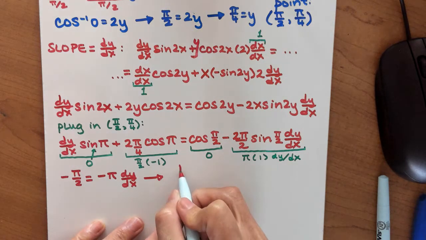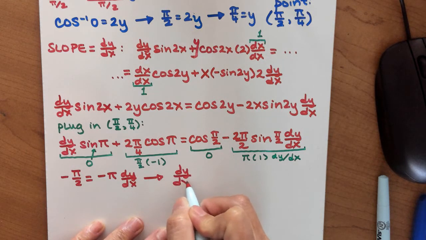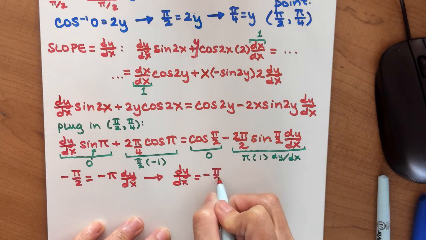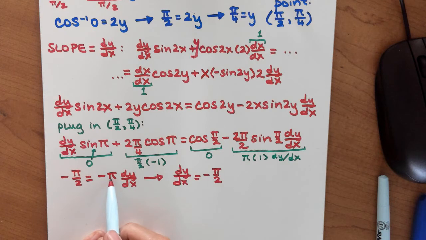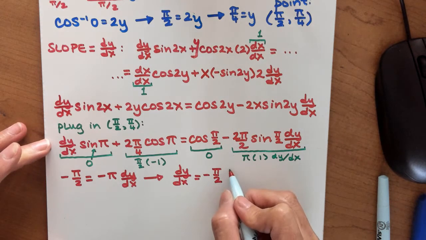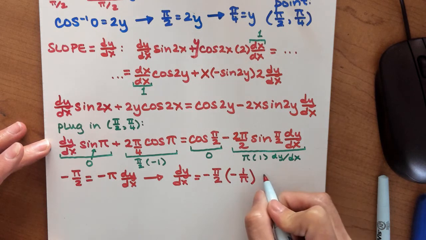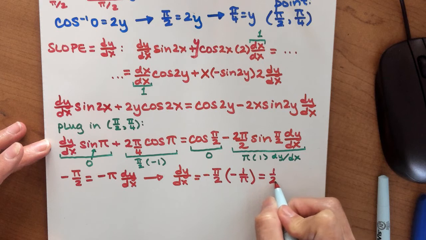Okay, so what is dy dx going to equal? It's going to equal negative pi over 2, and now I need to divide by negative pi, or multiply by negative 1 over pi, and I get 1/2.